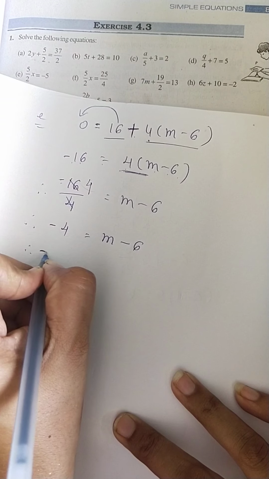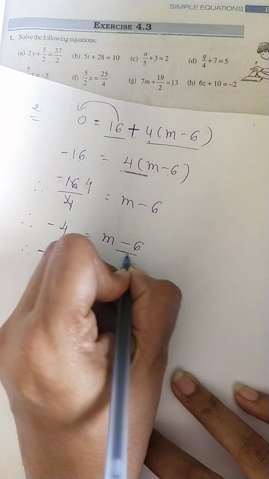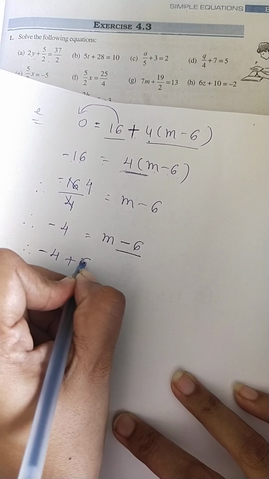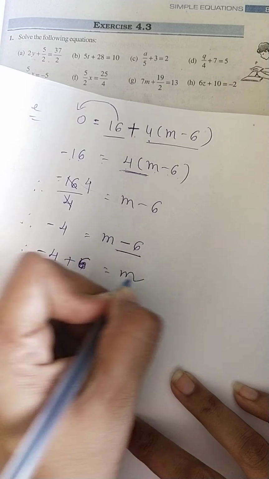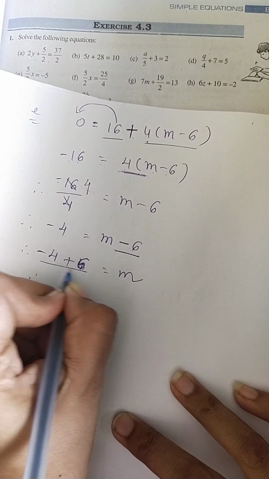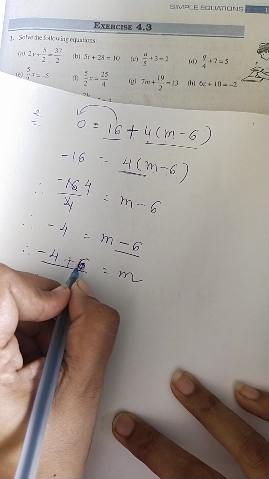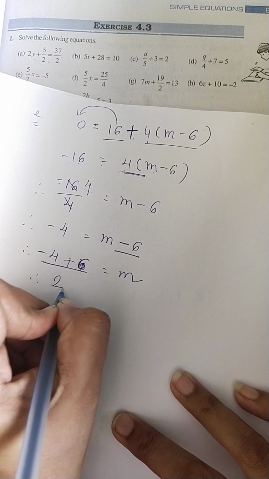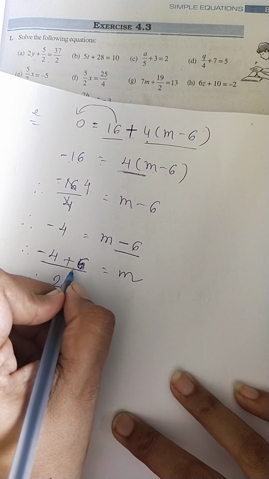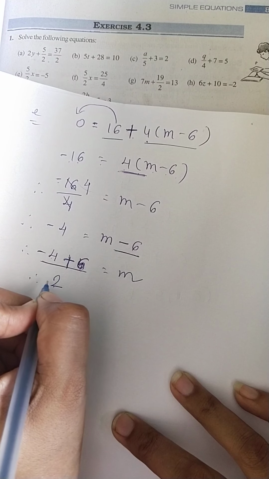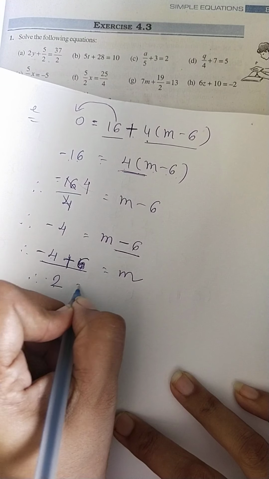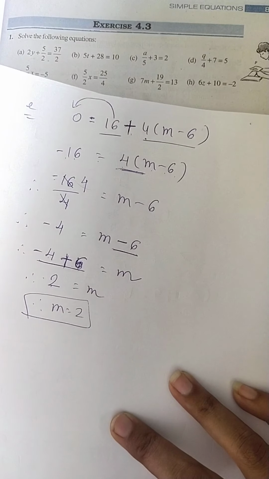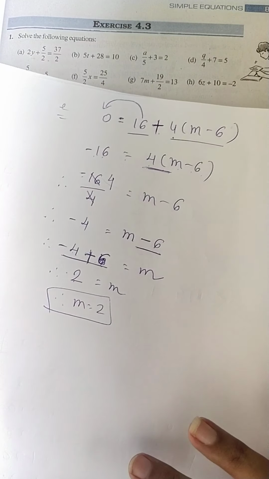Now negative 4 as it is, side change, sign change, over here subtraction, so it will be 6 plus, is equal to m. So here plus minus minus, so 6 and 4, what is the subtraction? 2. Which sign do we keep? Bigger number is 6, so positive 2 is equal to m, therefore m is equal to positive 2. Okay, this is the one method.